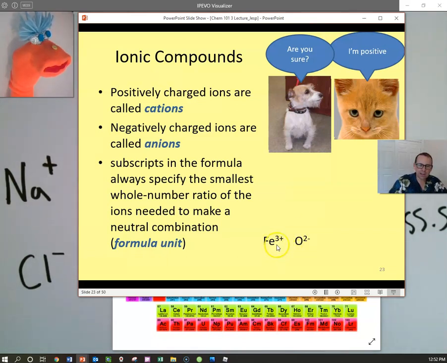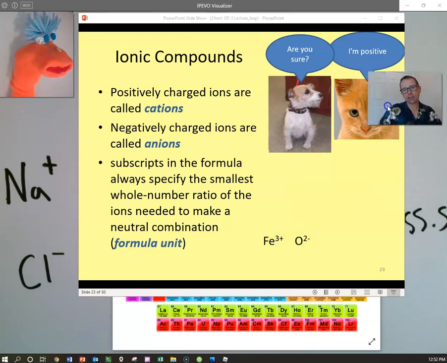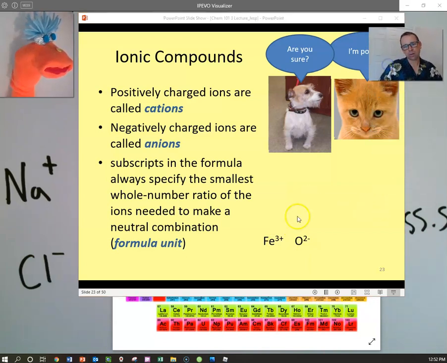Now, I'm going to bring these together, and they're going to form a compound. The iron ion let go of its electrons and gave them to the oxygen atom. The oxide ion gained those electrons from the iron. So it couldn't have occurred by just one atom of iron losing 3 electrons, because one oxide ion only received 2 electrons.